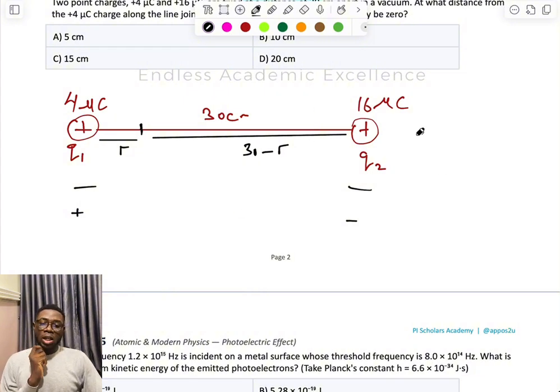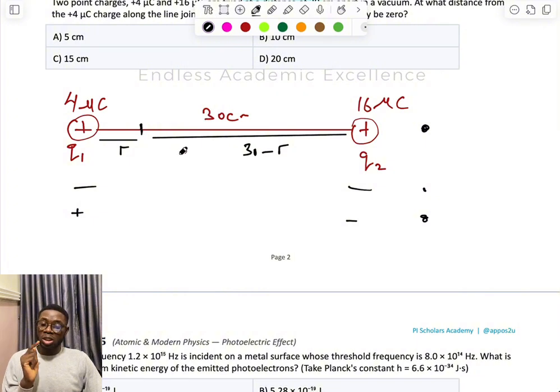If we are considering a point beyond one of them, in this situation, their electric field intensity will add up at this point. Same thing with this one too. But for same-sign charges, when you go beyond any of them, you have their electric field intensity canceling out. That is, they are subtracting from each other.